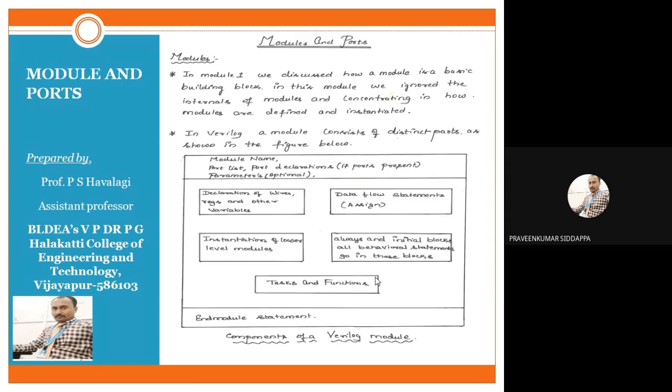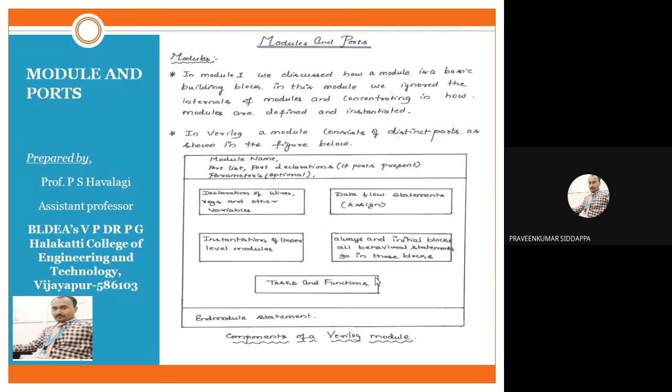In this second half, we call it modules and ports. Here in Verilog language, all Verilog codes begin with module as a predefined word. What all of the parameters should be contained within that code, we will discuss all the parameters.